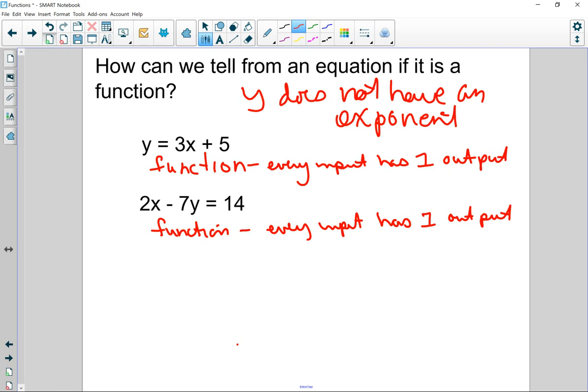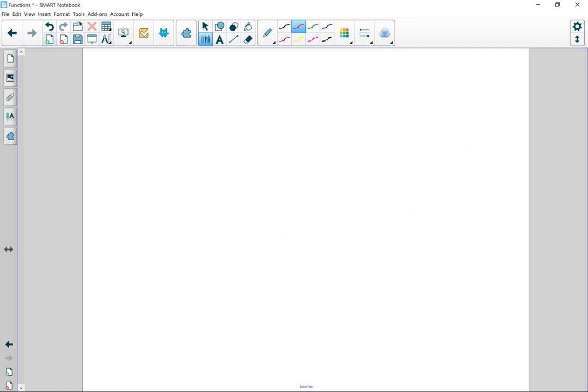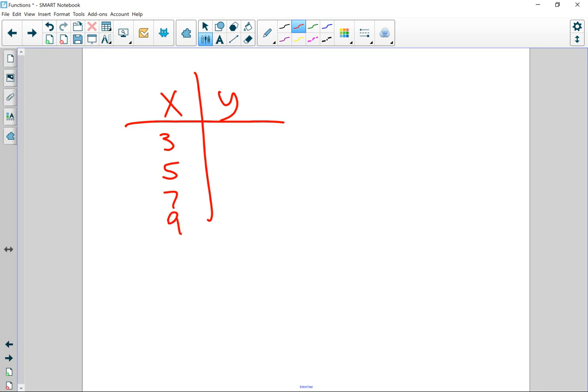Now I want to take a look at something a little bit different. If we look at this table, I want you to think for a minute and tell me if this is a function or not. Is this a function or not a function? It's actually a function because we don't care how many partners y has.